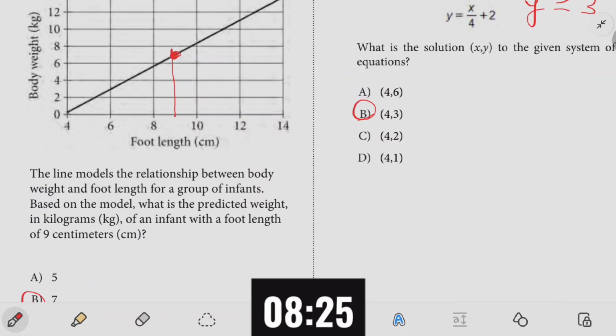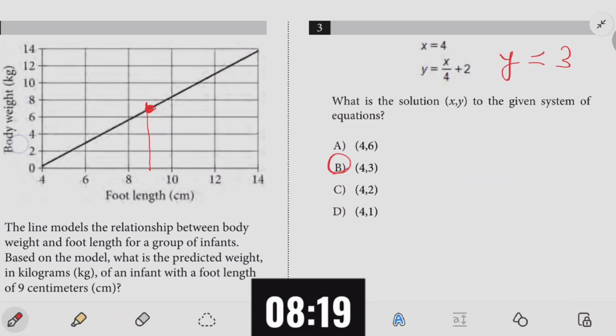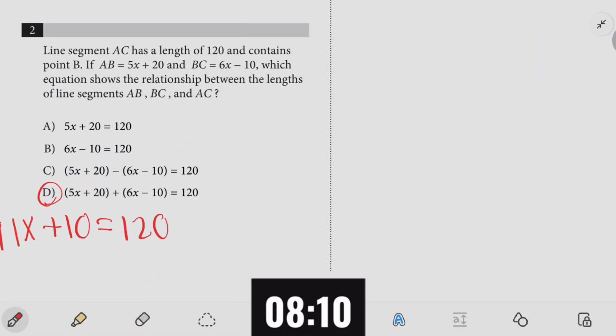Relationship, predicted weight of an infant with a foot length of 9 centimeters. Yeah, 7 makes sense. Solution to this one is, oh yeah, that's definitely just 4/3. Oh, I forgot this one. A, B, B, C, you add both of them up. 11x, yeah.